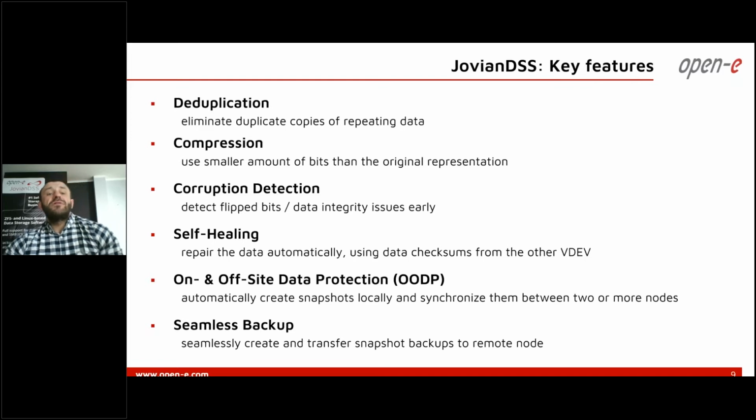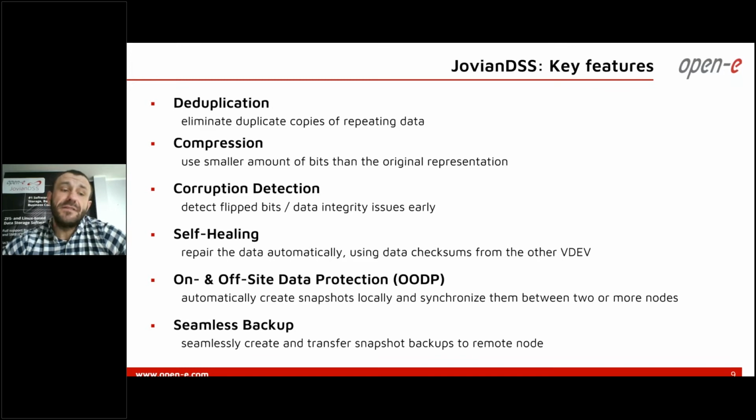What we offer more in JovianDSS is, for example, deduplication and compression, which allows the administrator to save some space. Next thing is corruption detection and self-healing, which take care of data integrity. If any issues are detected early, those features can repair the data automatically and keep data integrity as high as it could be.